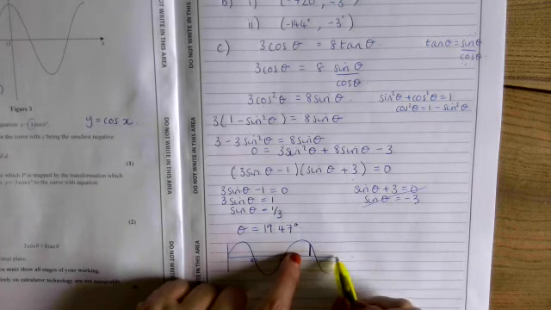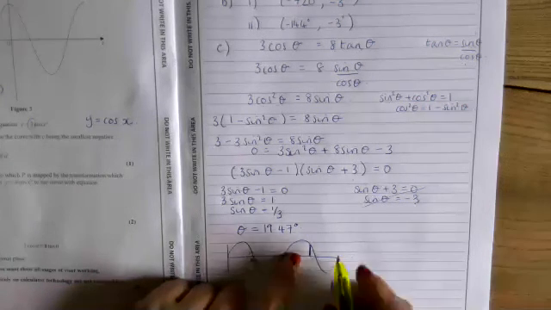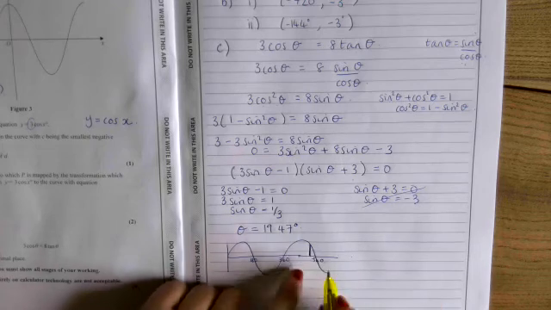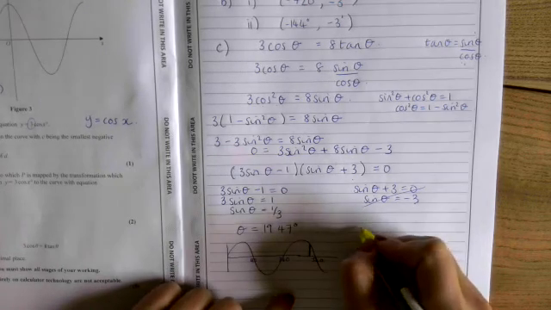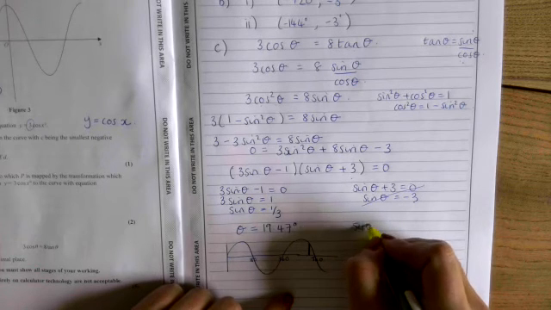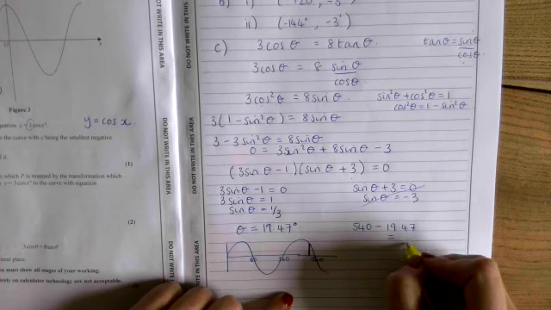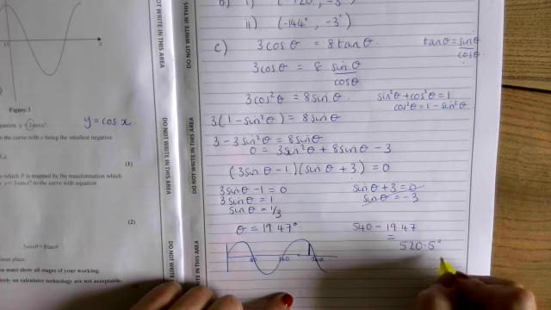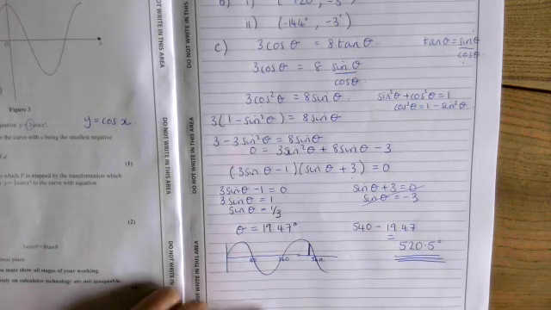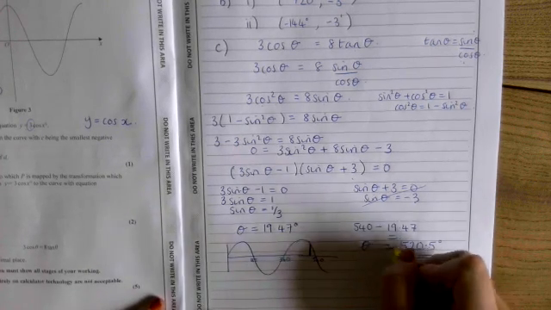That's going to be the only one that works for us. So this is 540. So if I do 540, take away 19.47, that gives me 520.5 to 1 decimal place. And that's the only solution for theta. So theta equals that.